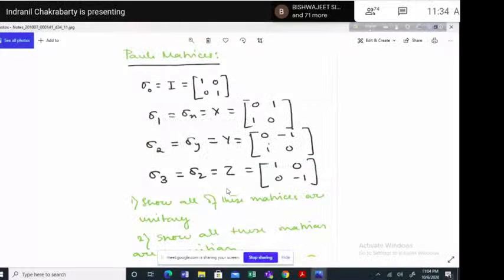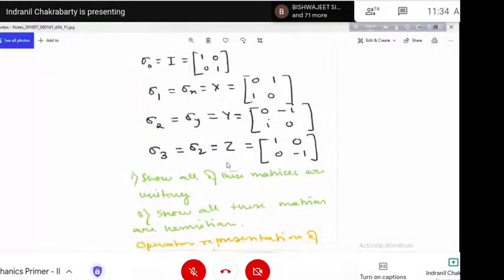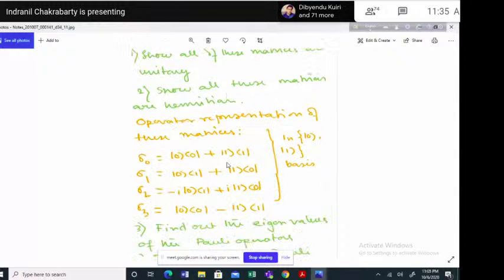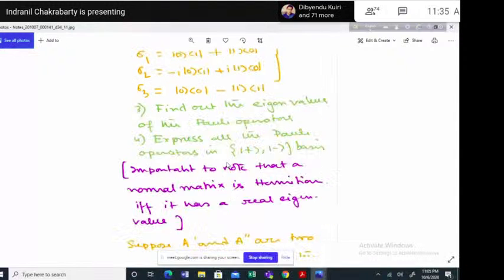Whenever there is a matrix representation, it is important to note with respect to which basis I am doing the matrix representation, so that there is a basis associated with it. You should not take any particular matrix representation as universal, because matrix representation is a choice of basis that I am making.